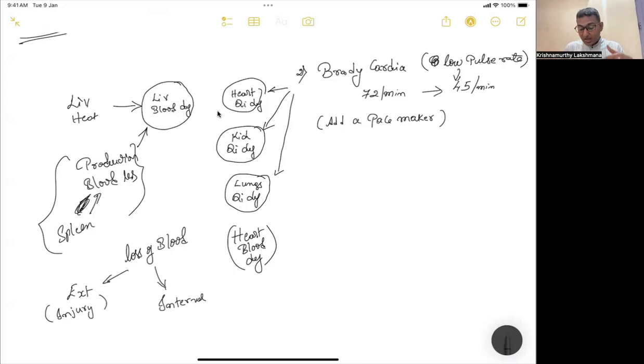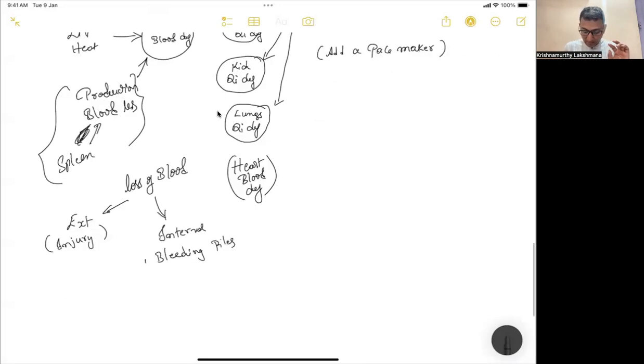Or internally there is some kind of bleeding. Say there is piles, bleeding piles. Every time they pass stool, blood also goes out. And then in women, there can be excess menstruation. And there can be some kind of hemorrhages inside the body.